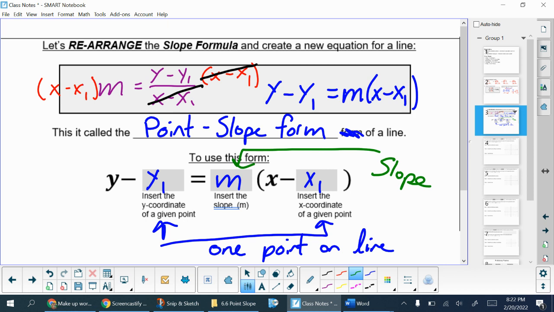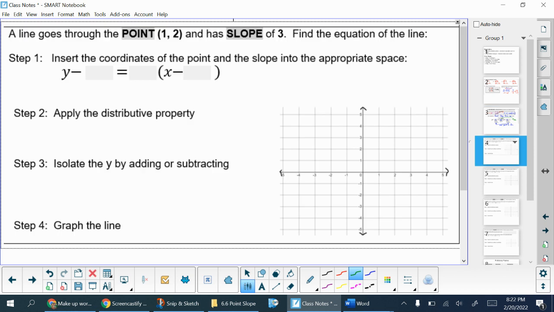And you'll kind of see how this works, okay? So I'm going to go ahead and just put this up here. y minus y1 equals m times x minus x1. And so what we're going to look for here is when we go to plug these things in, if I have the point 1, 2, remember this is x and y, that's not the x and the y, that's the equation part.